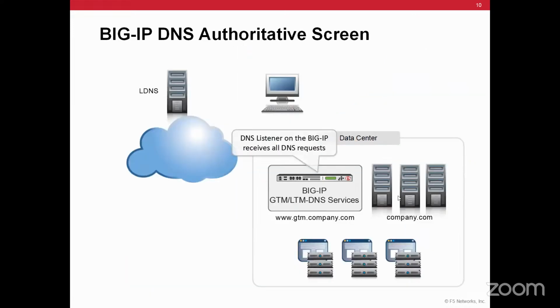But in this scenario, let's suppose you have 10 zones and you hosted two zones on GTM. Requests for all 10 zones will first come to GTM, and then GTM will see which zones it has to answer itself, and for the other eight it will ask the LDNS to go to my company server.